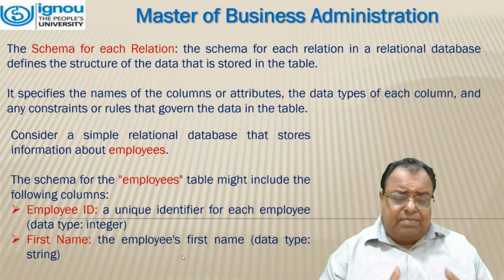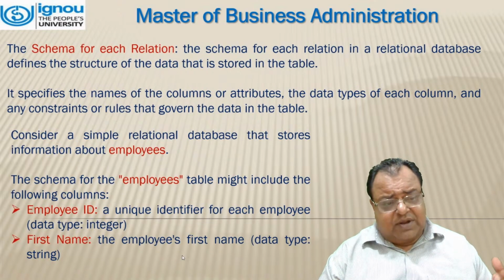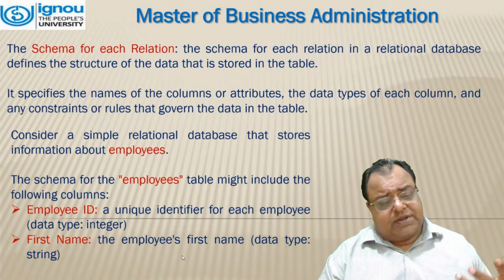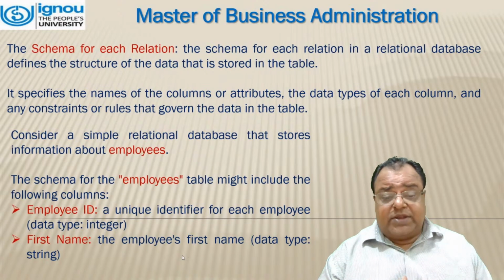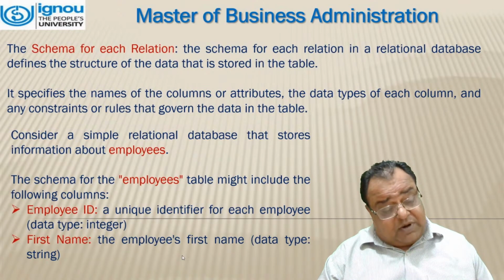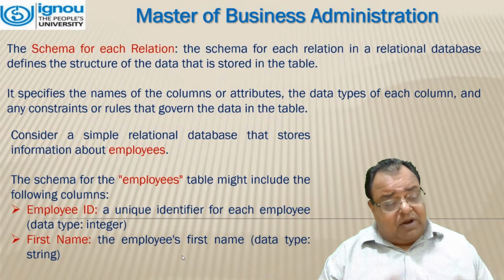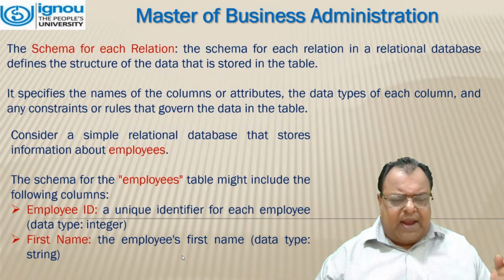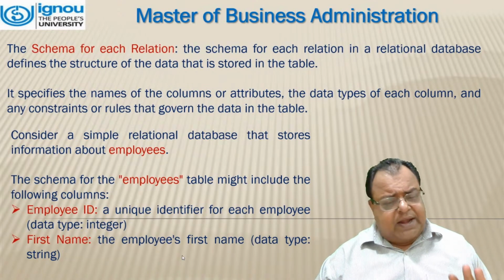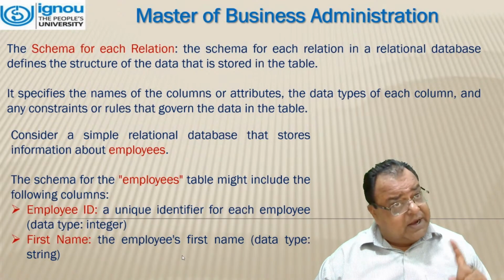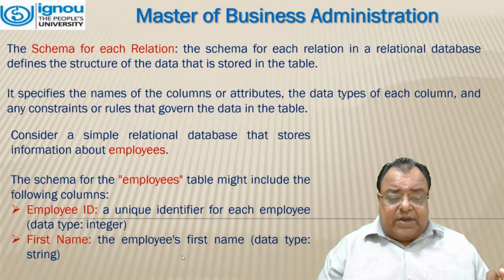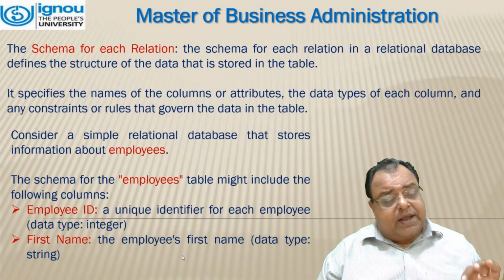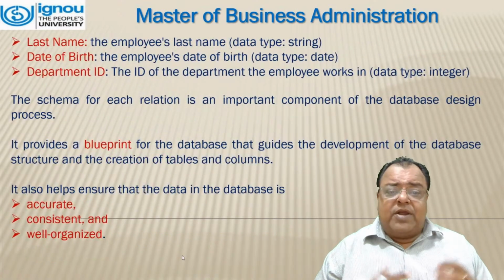Consider a simple relational database that stores information about employees. The schema of the employees table might include the following columns. That is employee ID, which is a unique identifier for each employee, and the data type will be integer. First name, the employee's first name. Here the data type will be a string. Last name, the employee's last name.